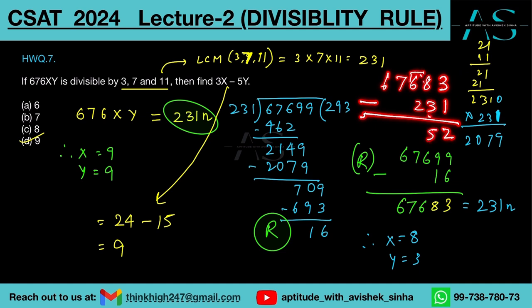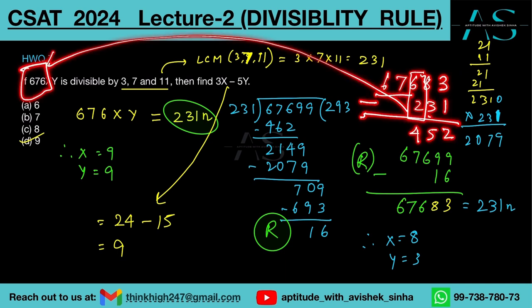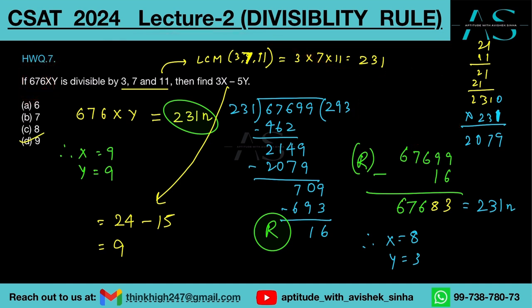But see, this 6 will also change to 4. This cannot be done because the number is 676. These 3 digits don't change. X and Y we don't know, so we can change that part. But 676 must be intact. Therefore, this is the only possibility left, and that is how we can mark this question.